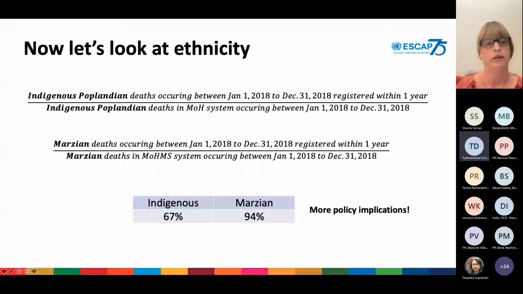So next we're going to look at ethnicity. So we're in our fictional country of Paplandia. We'll look at our Indigenous population and our Marzian population using the same dates as by sex and by age. So again, we see more policy implications, and we can see that the Indigenous population has quite a bit lower percentage of death registration completeness compared to the Marzian population.